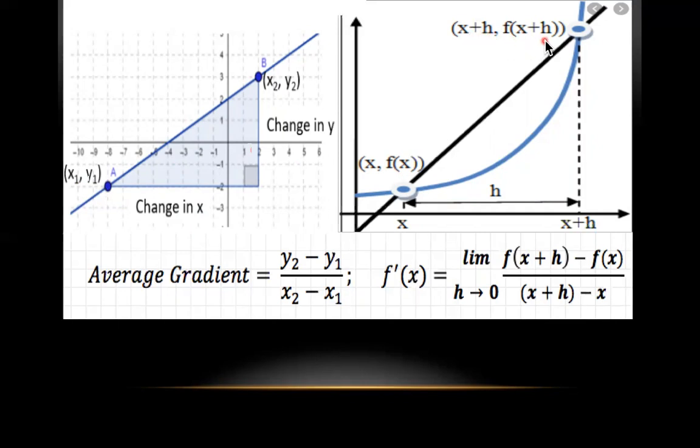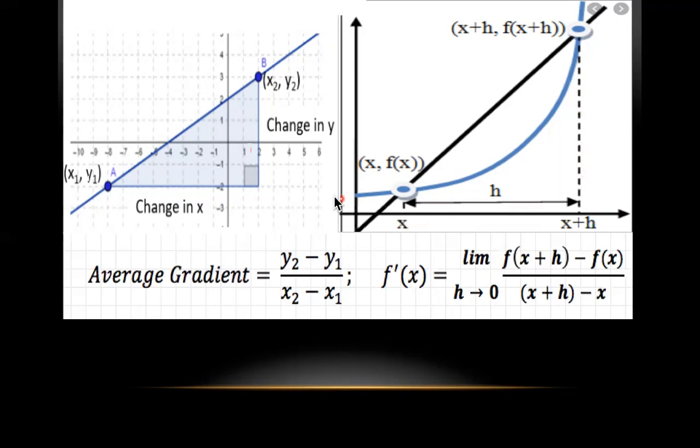Then we have f of x plus h, which is referred to as y2. Also, along the x-axis we have the change in x, and up the y-axis we have the change in y.